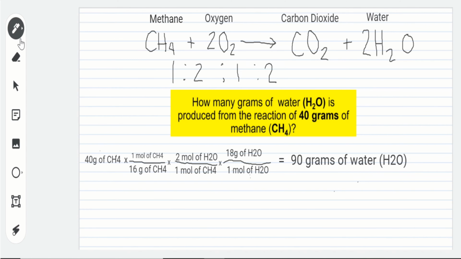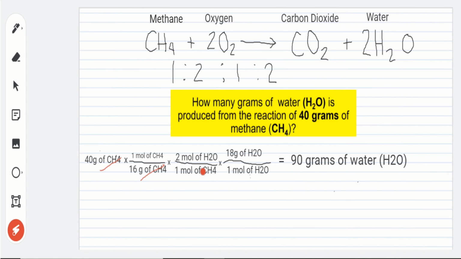So, ang mangyayari dito, maka-cancel yung unit na grams of methane. So after converting methane to moles, okay, what will be next is that we need to convert that value of methane to how much, okay, water will be produced in moles.